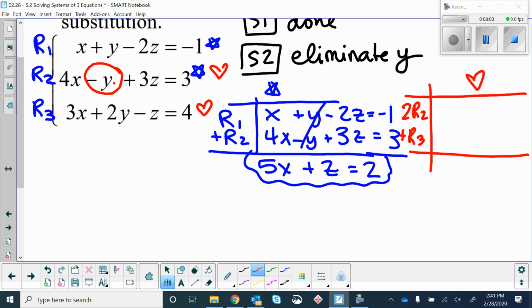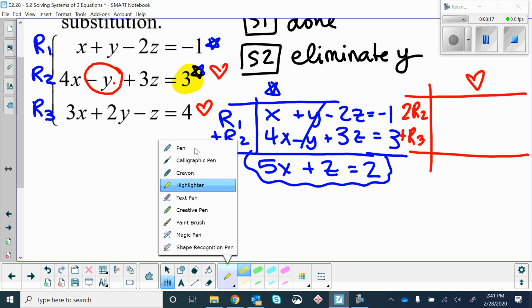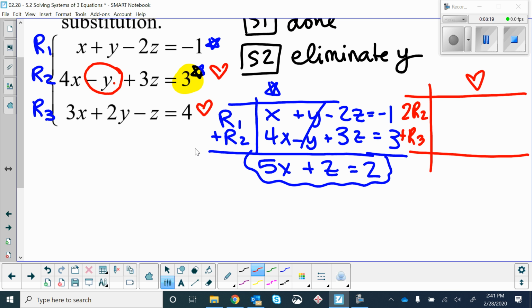One thing I want to give you a reminder about, when you're multiplying a row by a number, be sure you multiply both sides of the equation by that number. So I need to multiply that 3 by the 2 as well. So 2 times row 2, I'm just going to do that in my head, is 8x minus 2y plus 6z equals 6.